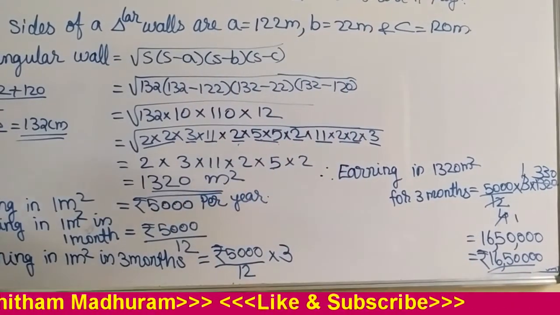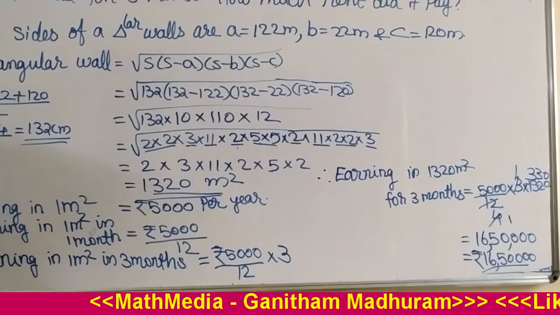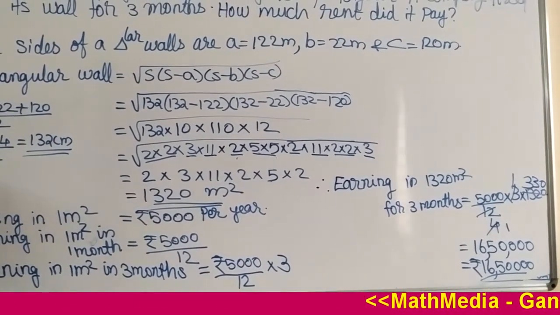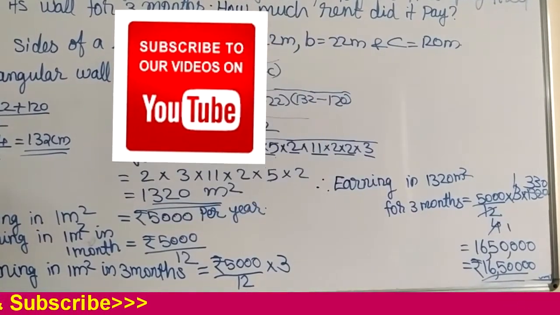So, how much rent did it pay for 3 months is rupees 16,50,000.